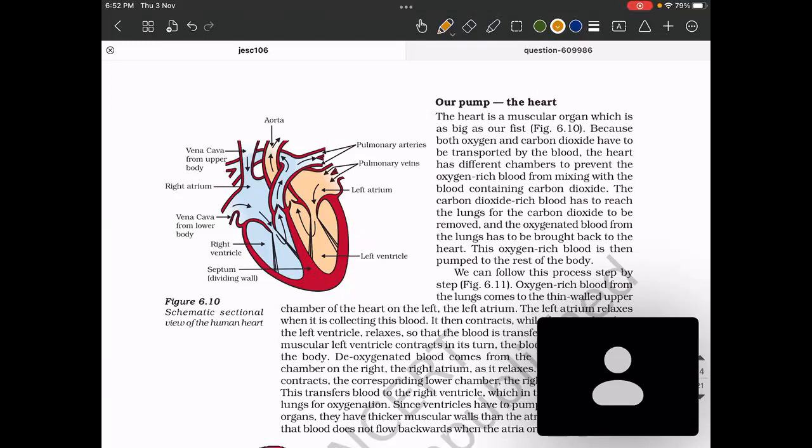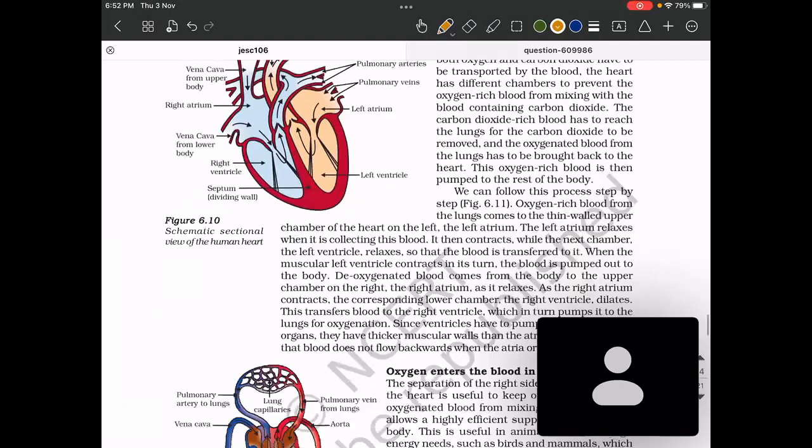From the body organs, the vena cava collects all the deoxygenated blood and transports it to the right atrium. The right atrium passes the blood to the right ventricle through the valve, which further sends it back to the lungs through the pulmonary artery for oxygenation. Very good. So please understand that flow.